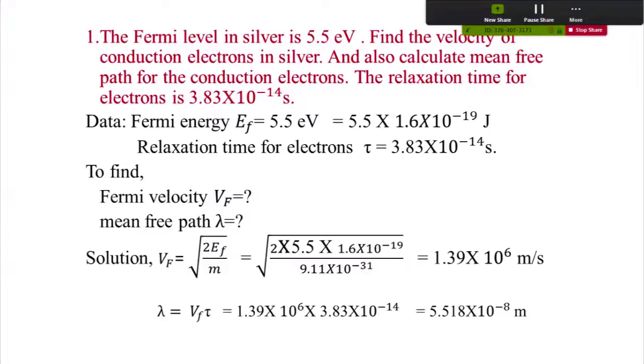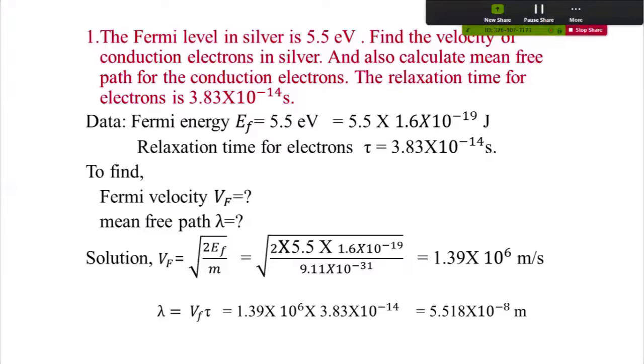Now substitute all the values: 2 into Fermi energy, Ef equals 5.5 into 1.602 into 10 to the power minus 19, whole divided by the mass of electron, 9.11 into 10 to the power minus 31. After substitution, you will get 1.39 into 10 to the power 6 meter per second. That is the Fermi velocity.